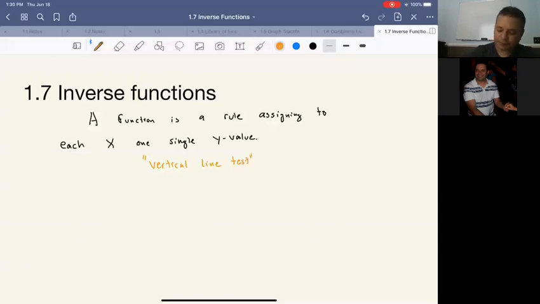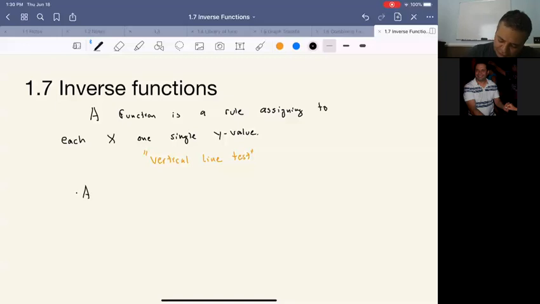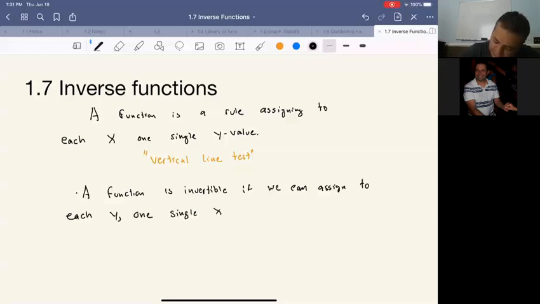Okay, so now a function is invertible if we can assign to each y one single x value.